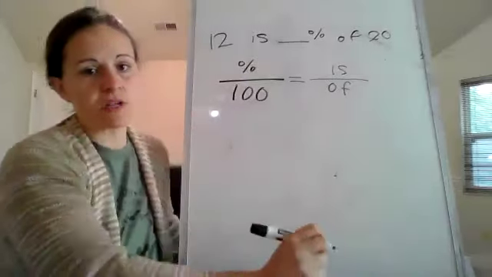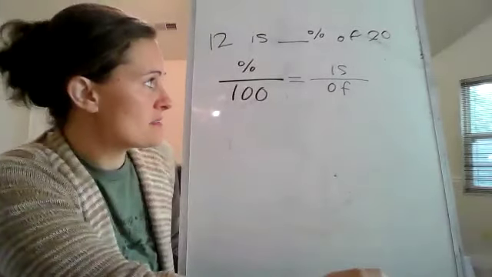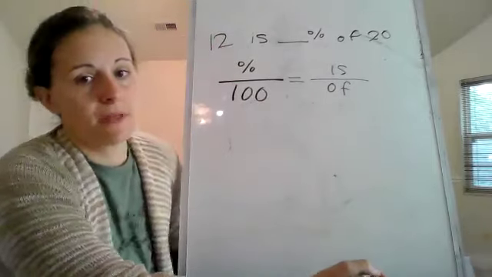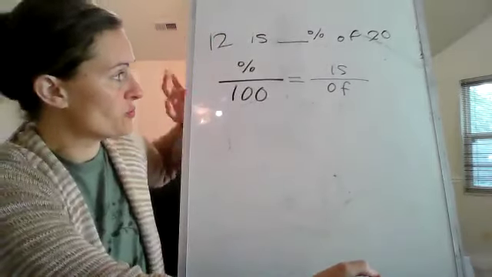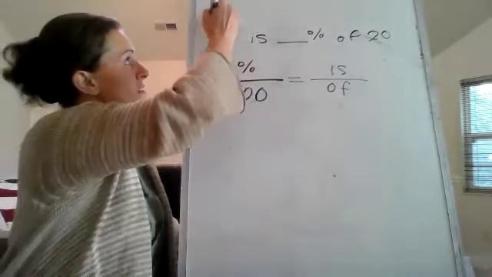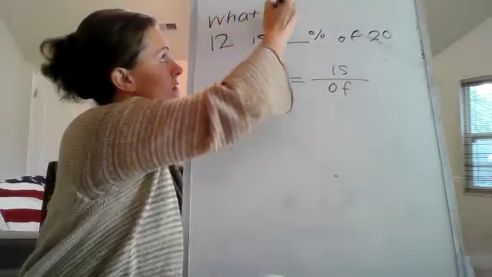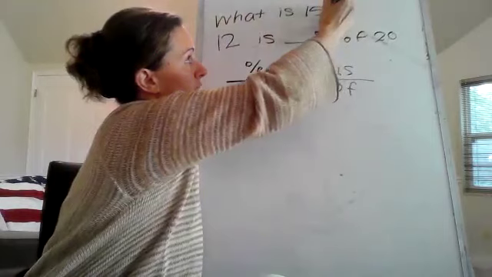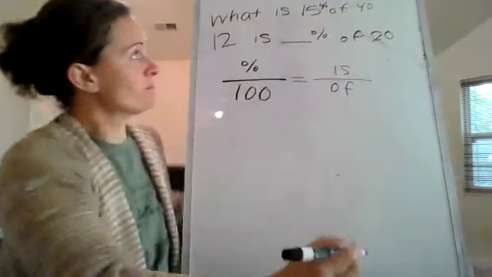Okay, so this is the formula we need to memorize: is over of is the percent over 100. No matter what it's asking us to do, we can just plug the numbers in. So it does work if I ask, what is 15% of 40?